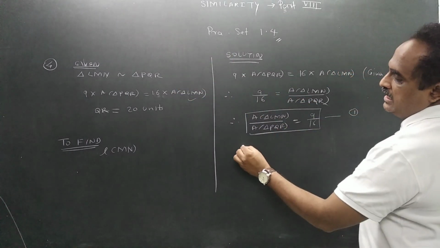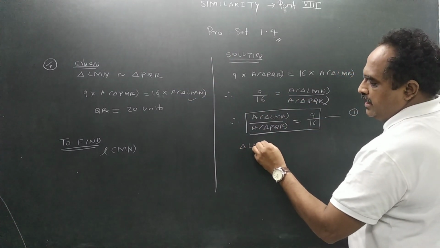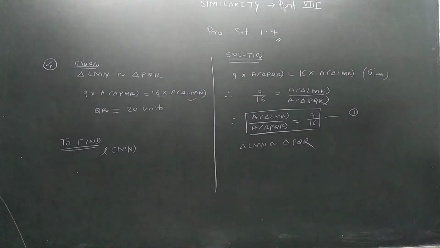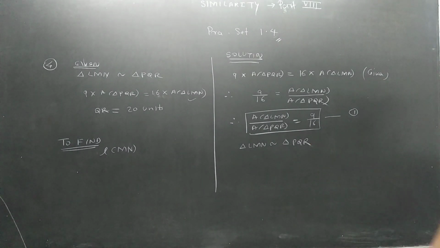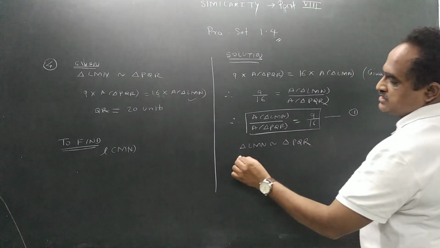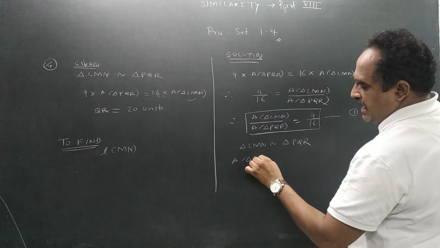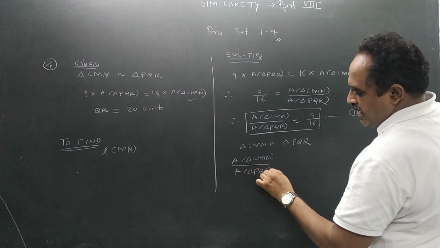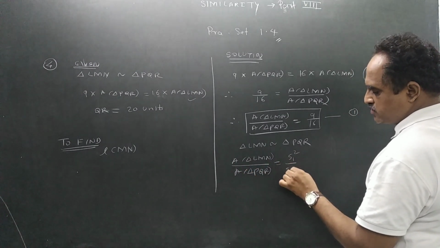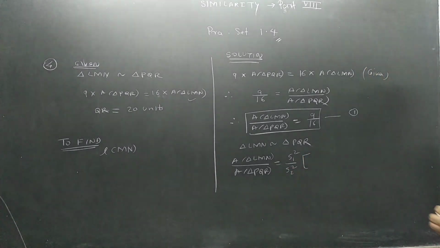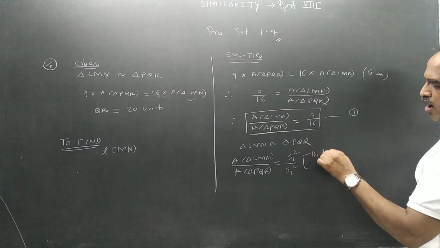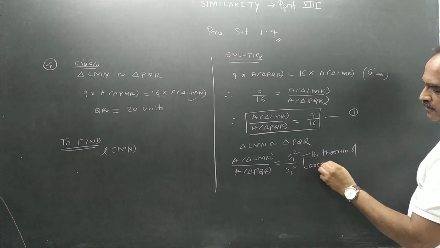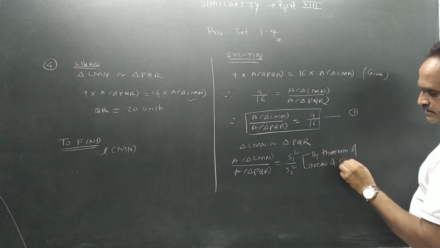What have they given to you? That triangle LMN is similar to triangle PQR. Once these triangles are similar, then an area is given. So I will write area of triangle LMN upon area of triangle PQR is equal to S1 square upon S2 square. That is by theorem of areas of similar triangles.